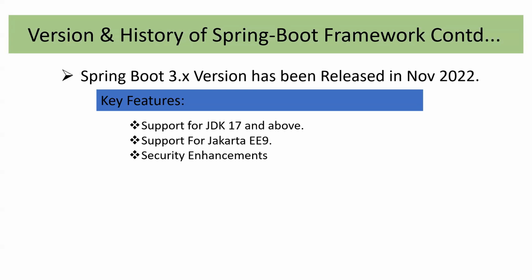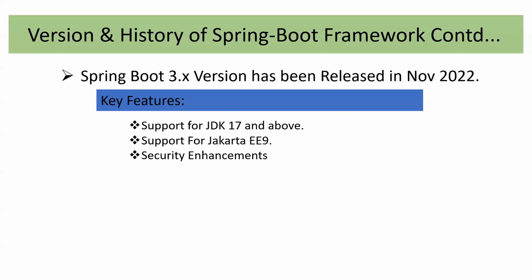There I will develop some examples, and discuss what was earlier in Jakarta EE 8 and what is new in Jakarta EE 9. And last but not least, there is some enhancement in the security features. So what are the changes in Spring Boot 3.0 from the security point of view? That again I will discuss once I start the security topic. There I will show you what was earlier and what is new in Spring Boot 3.0.